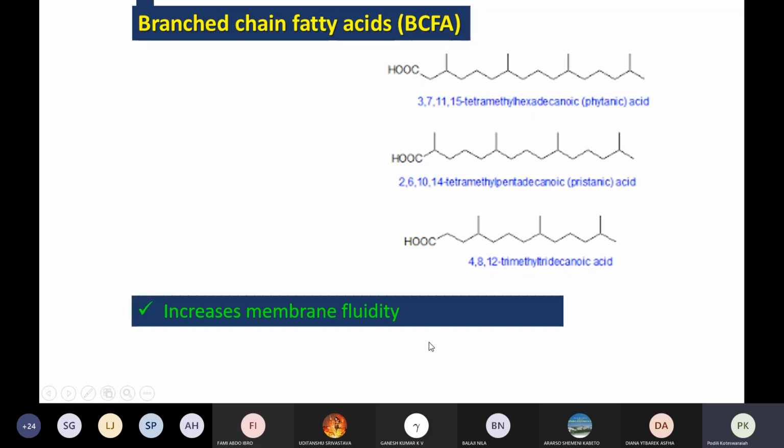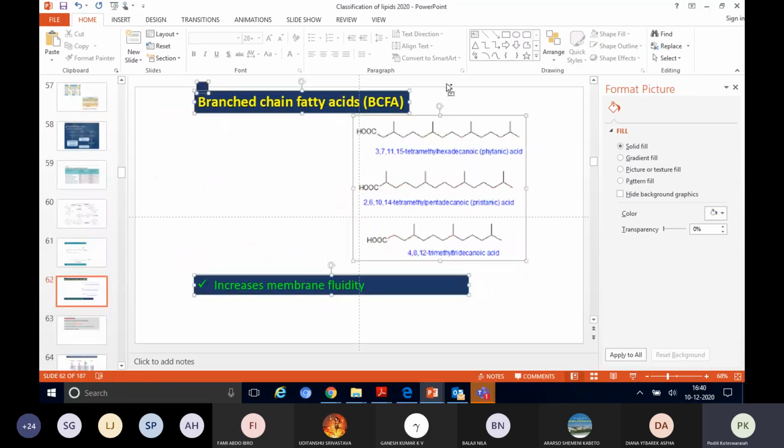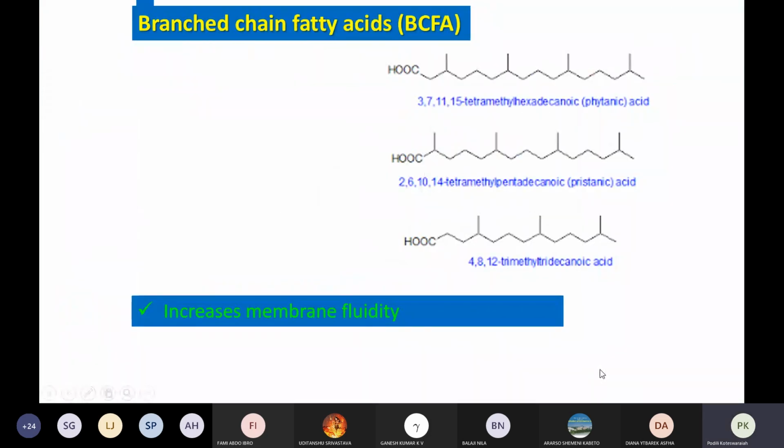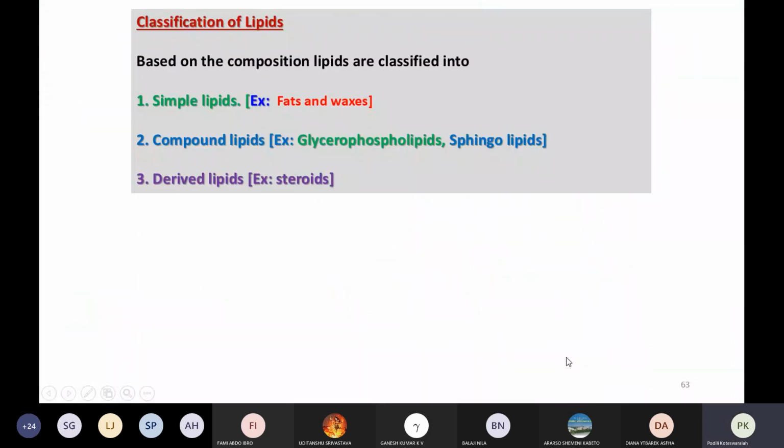These branched chain fatty acids in general increase the fluidity of the membrane. So this is about the fatty acids.